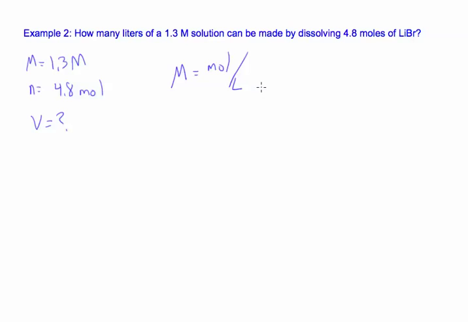The correct way to solve for liters is not to divide both sides by mole, because then you get 1 over liter. What I like to do is set our molarity over 1 and just cross multiply. It makes it a lot easier. We get M L equals moles, and then L equals moles divided by molarity. So we can plug into this.